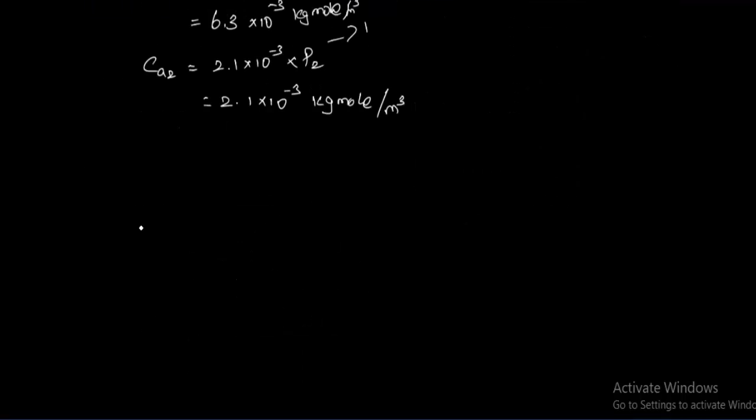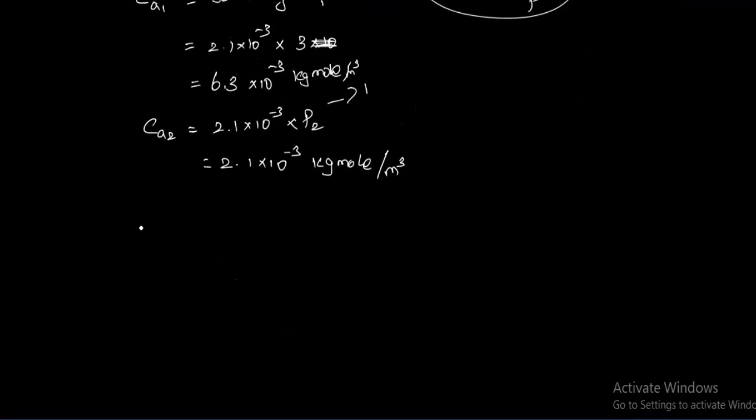So now you have found the molar concentration of H2 on both sides, right? That is what was asked in the first subdivision, molar concentration on both sides, that is Ca1 and Ca2. In the second subdivision they asked to find out the molar flux of hydrogen. So molar flux is known as m dot A divided by A, right?